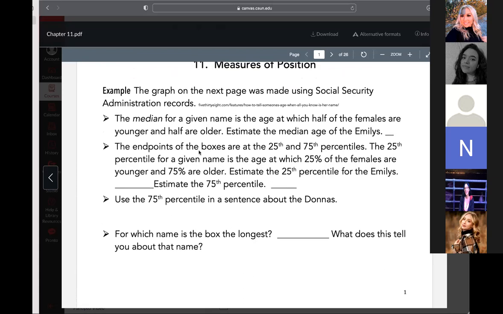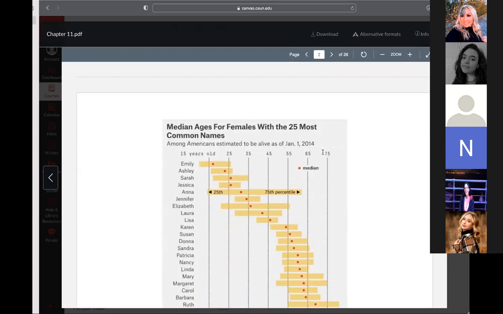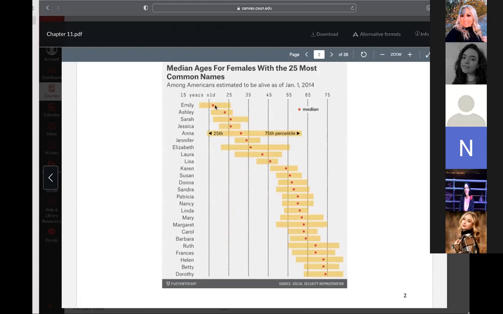Now, the end points of the boxes are the 25th and 75th percentiles. This is a very important concept. Essentially, here's what happens. You have the median, which is the midpoint, 50% less, 50% more. This left edge of the box, called the first quartile or the 25th percentile, separates the bottom 25% from the next 25%. So 25% of Emilys are here, 25% of Emilys are here, 25% of Emilys are here, and then 25% of Emilys are over here.